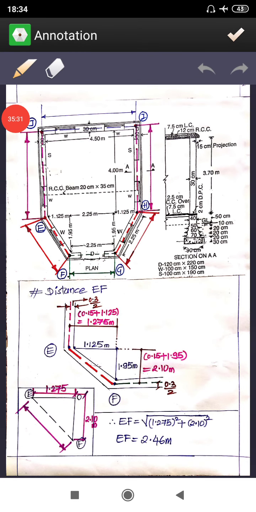Now see this, as I said, you can take this rectangle portion, that in dimension you can multiply 4.50 into 4, so 18 square meter you will be having.